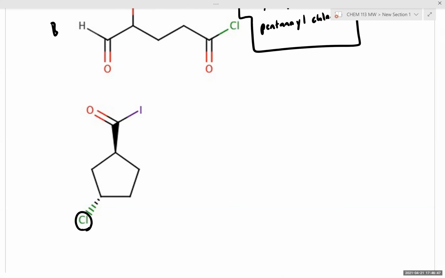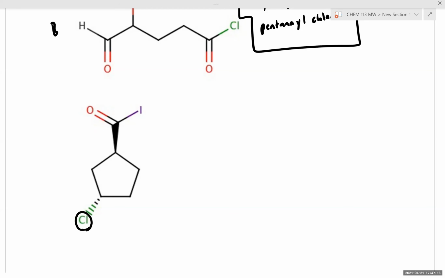However, if it's part of an acetyl iodide, if it's part of this group, then you name it with the iodide suffix, partially because the name is derived from the fact that the leaving group on this acyl halide is the iodide ion. That's one way I like to remember it. Does that make sense? I think so.